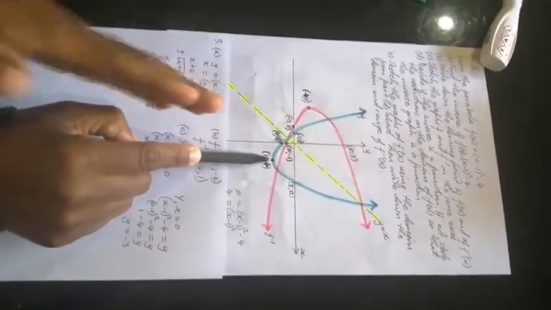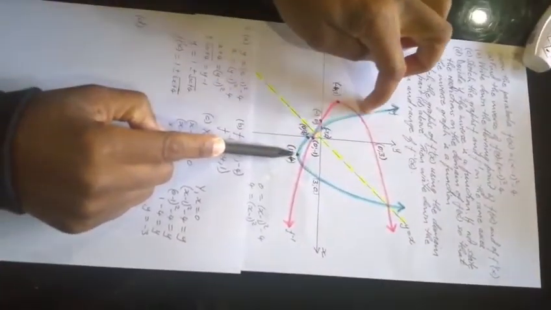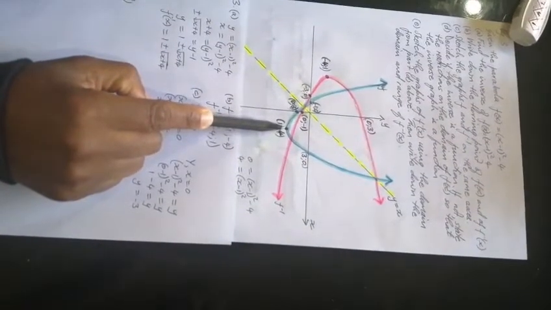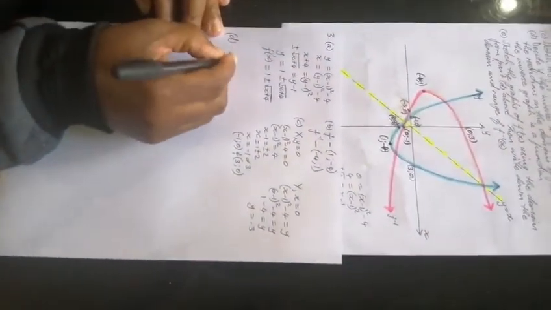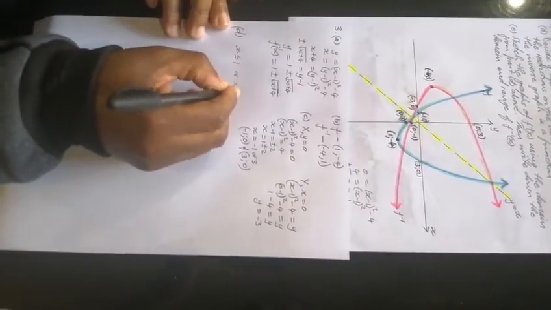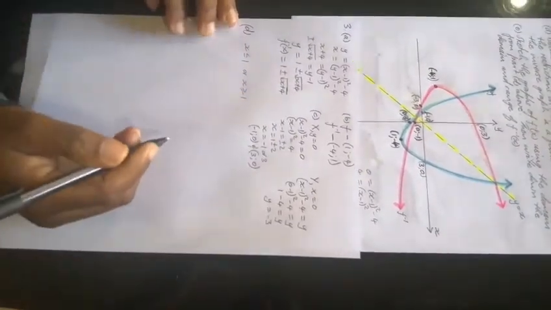So it's either we are taking this only, or we are taking this only. So the turning points will tell us how to restrict our domain. So it will be x is less or equal to 1, or x is greater or equal to 1. We just use the coordinates of the turning point.